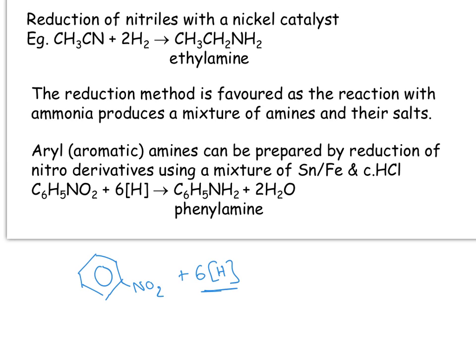So we're just putting the hydrogen in brackets because it's coming from an acid, or it could come from hydrogen, and that's going to give us our benzene ring with our reduced group to make the amine.